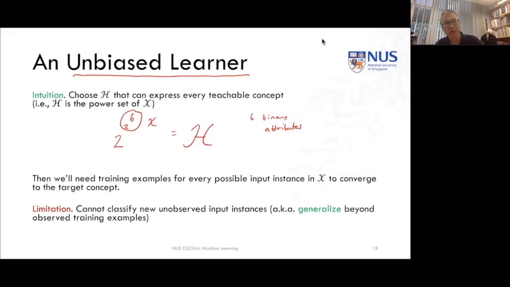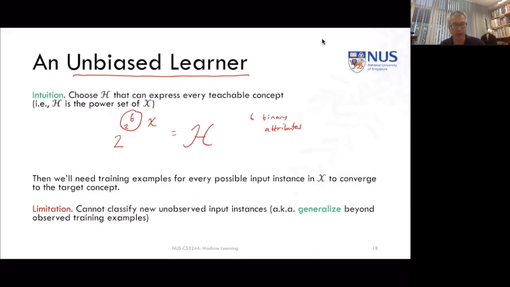That's a very, very, very large space, and it becomes very difficult to learn from. For any possible drink, any one of these 2 to the 6 data items, I could decide to prefer it or decide not to prefer it.